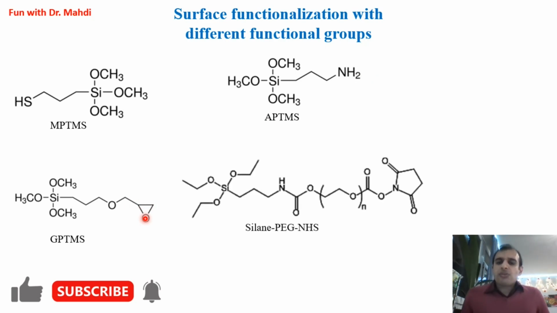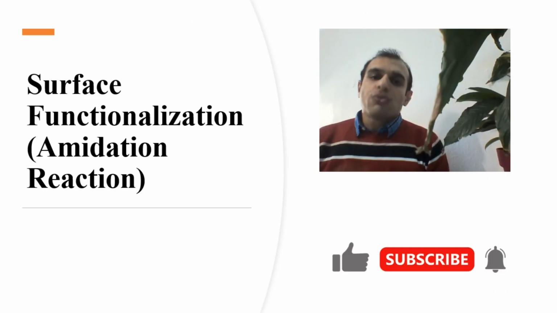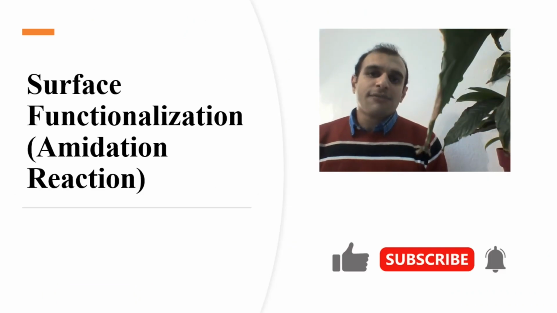If you would like to do ester amine reaction, you can use this compound, silane PEG NHS, and again after leaving the substrate in this solution for 3 hours, you will have NHS on your surface.